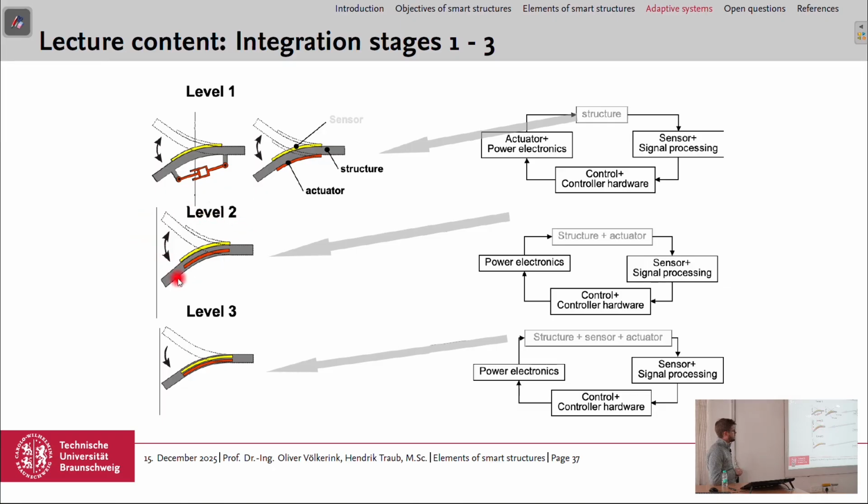We look also at structural integration, and for these kind of systems, so level 2 and 3, where at least some parts are integrated, fiber reinforced plastics are a good choice, because there the integration is far easier than in metals as the base structure.